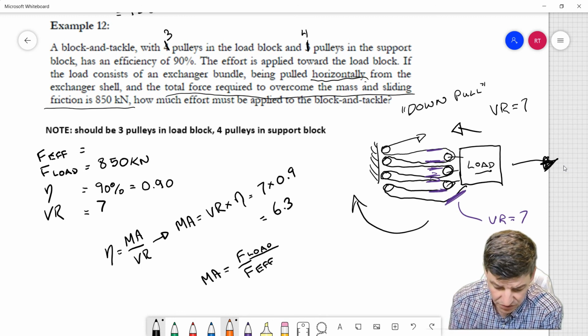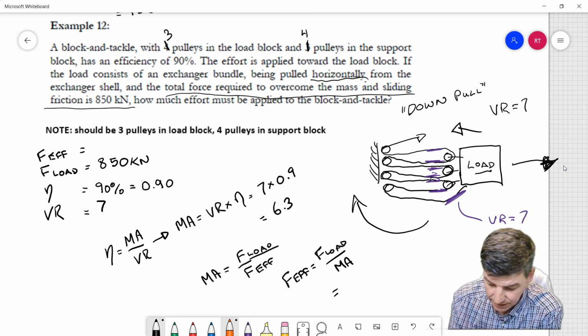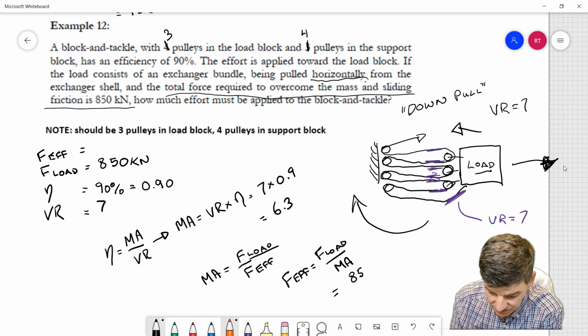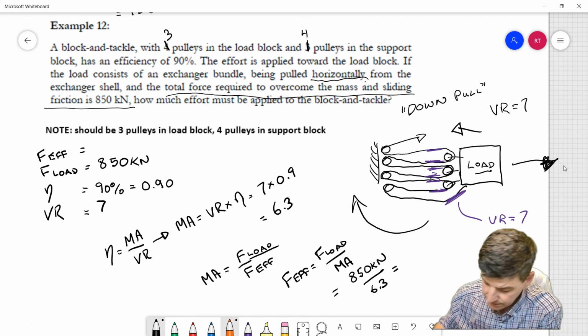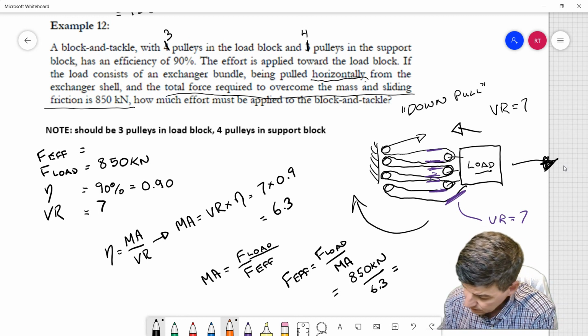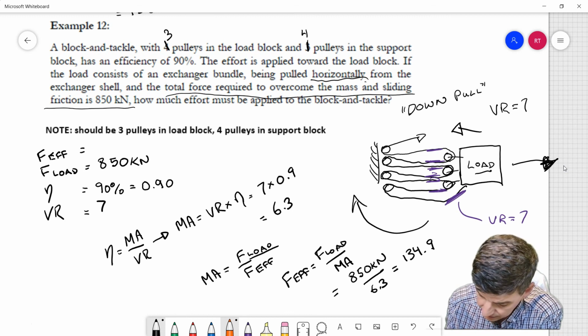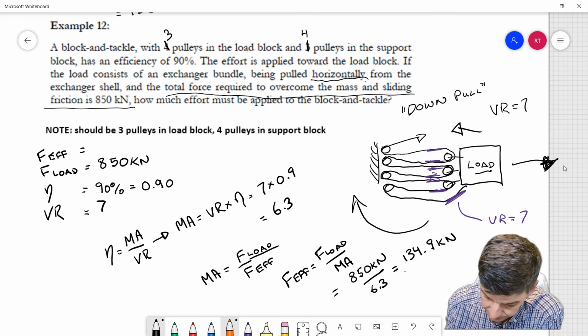If I'm going to solve for force of effort, it's equal to the force of my load divided by MA, 850 kilonewtons divided by 6.3. That's 134.9 kilonewtons.